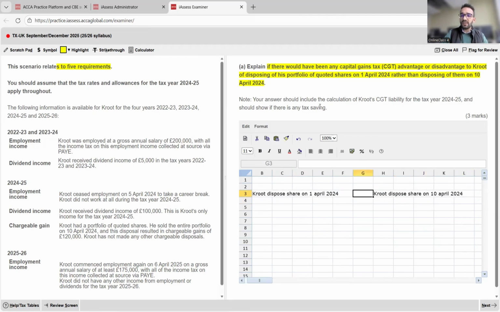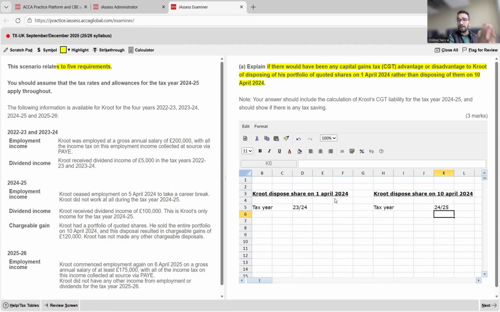If he is disposing of his shares on 1st April 2024, it will fall in tax year 23-24. The disposal is going to be part of tax year 23-24. But if he is selling these shares on 10 April, this will fall in tax year 24-25.